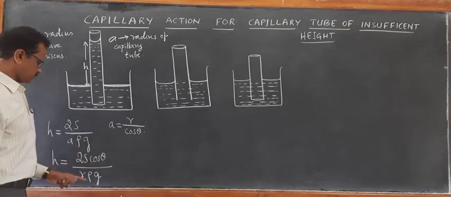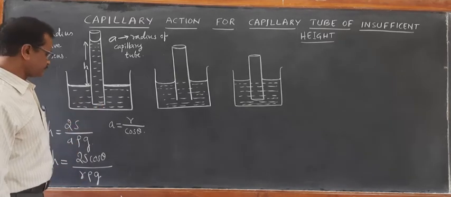Theta is the angle of contact. Rho is the density of the liquid like water.